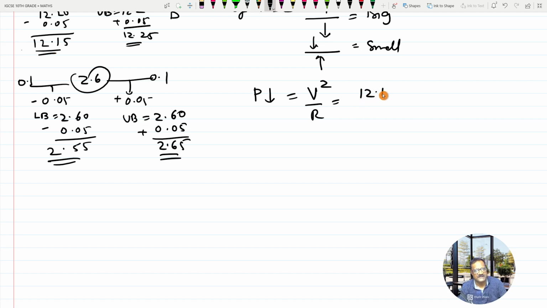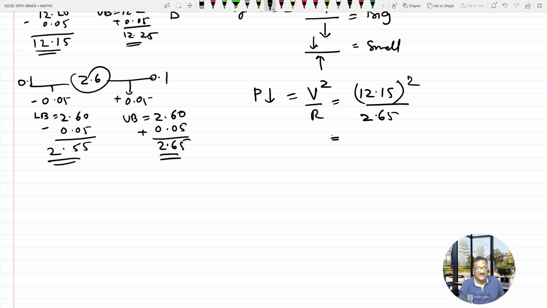So I'll take 12.15 squared. And for R, I'm going to take the higher value, that is the upper bound. So upper bound for 2.6 is 2.65. So this has to be my answer. Now let us calculate the answer and see what we are getting.